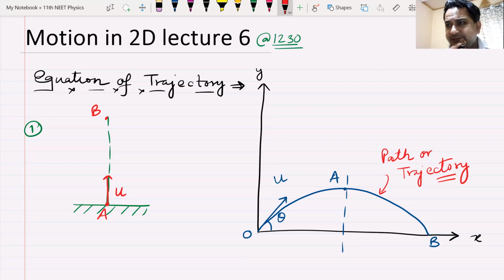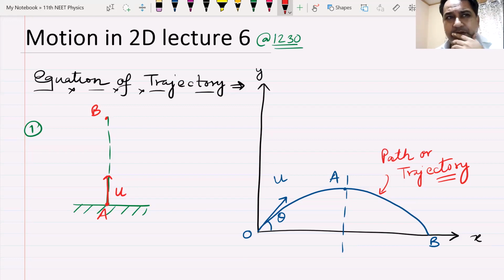You know this, right? I throw it from point A, it goes up, from A to B, it comes back.